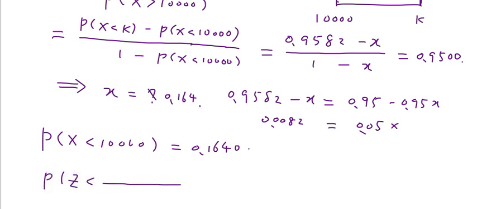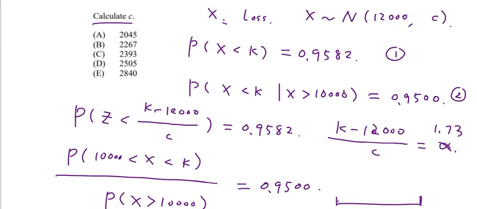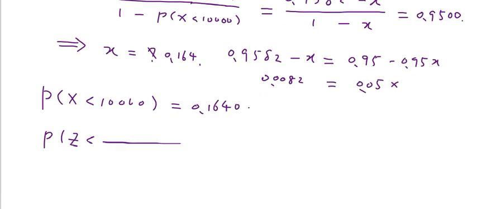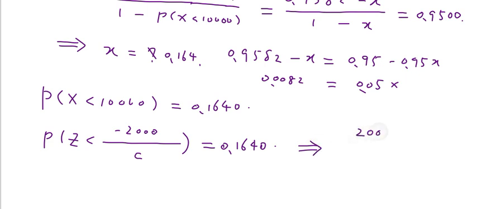Here this minus mu is negative 2000, then over c, so this probability equals this. Then from here, check the table, we can find this number. Okay, then we can find this c.